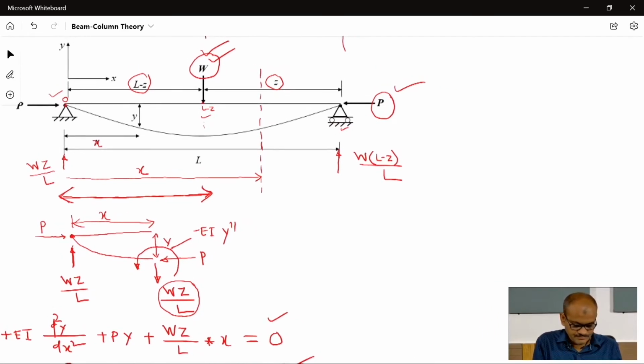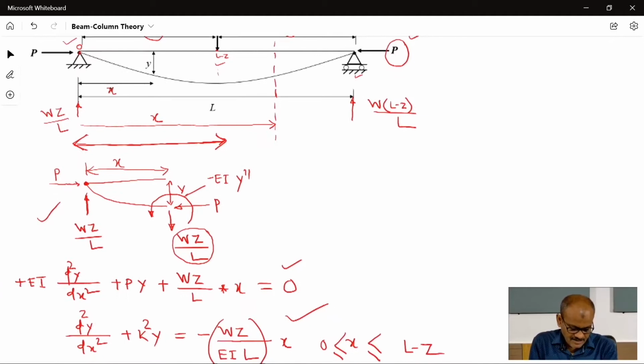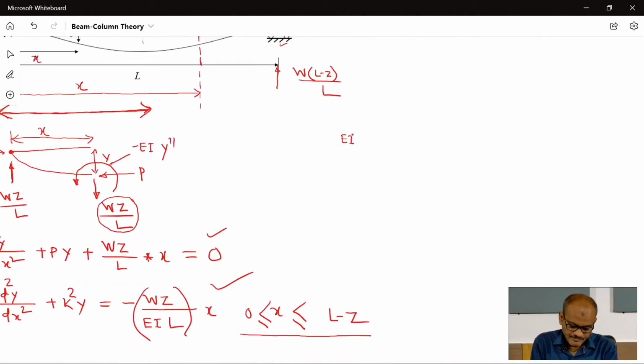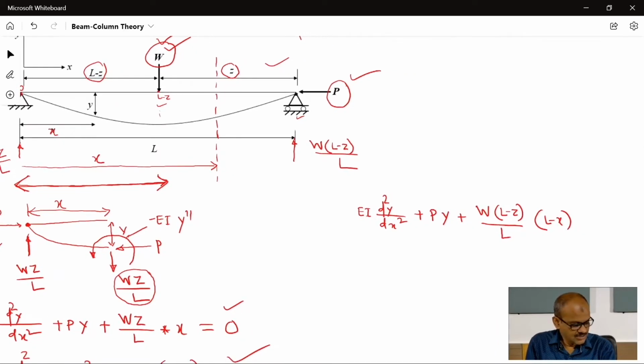If we take a part of this beam column and write the equilibrium equation, it will be like this: EI d square y by dx square plus P into y plus W into L minus z by L into L minus x is equal to 0.